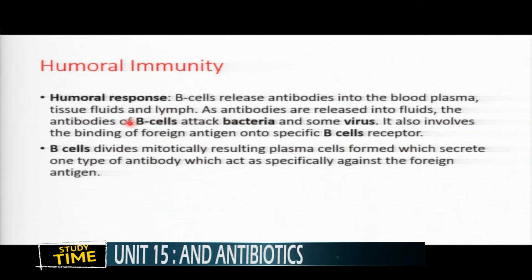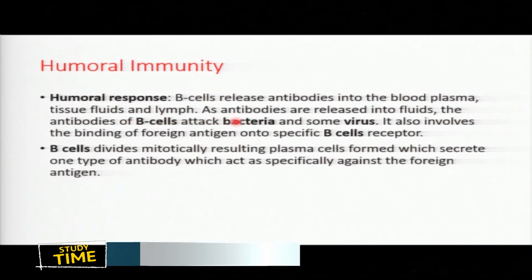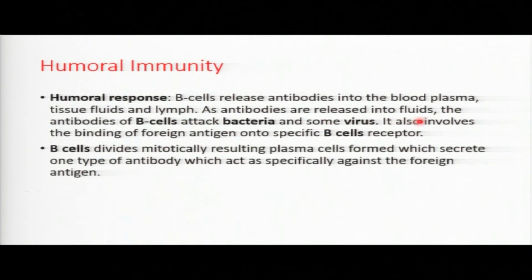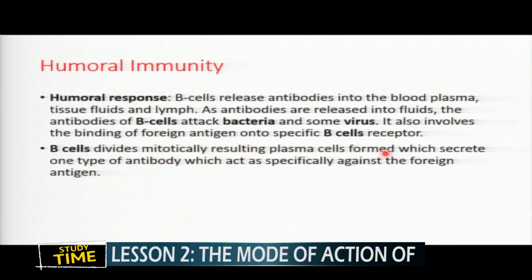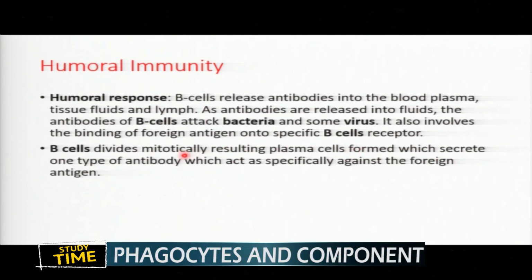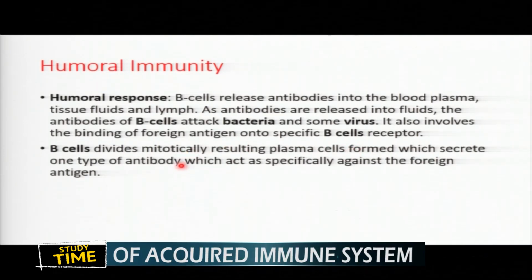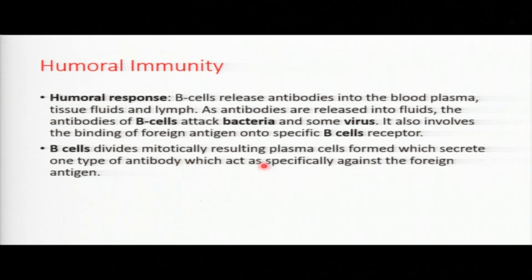Then antibodies of B cells attack bacteria and some viruses. So it involves the binding of foreign antigens to specific B cell receptors. So B cells divide mitotically and then result in plasma cells being formed. And these plasma cells will produce antibodies that will help against what? The foreign antigens. Very nice.